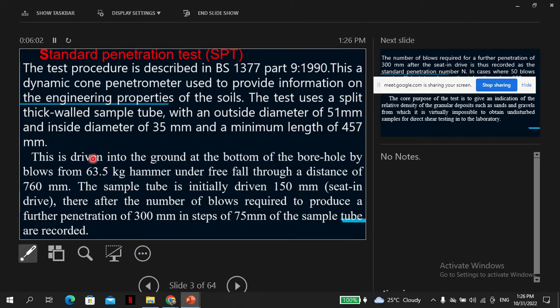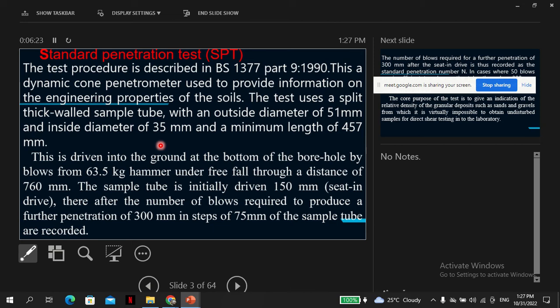So the split spoon sampler has an outside diameter of 51, the internal diameter of 35. It means the thickness is 51 minus 35, which is how much? No, that's the diameter.